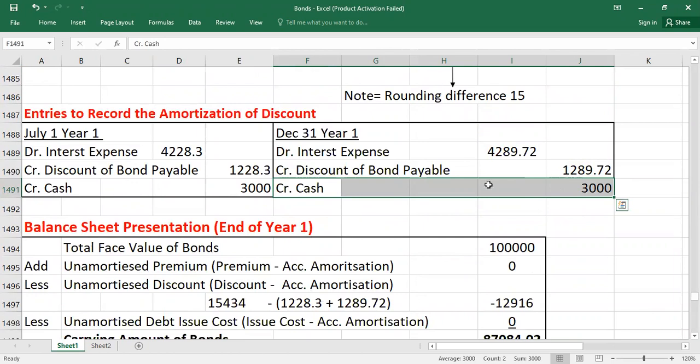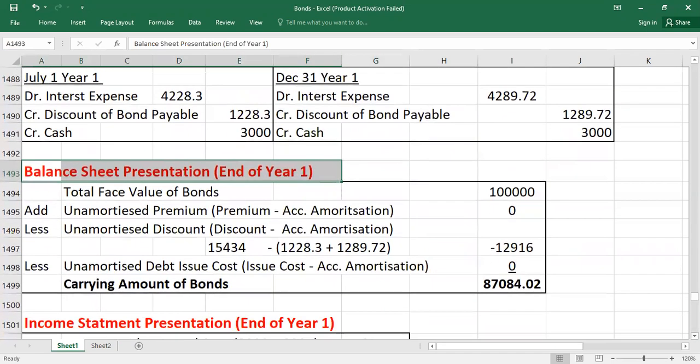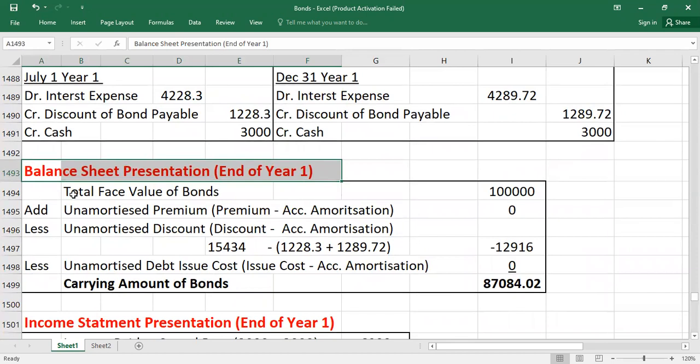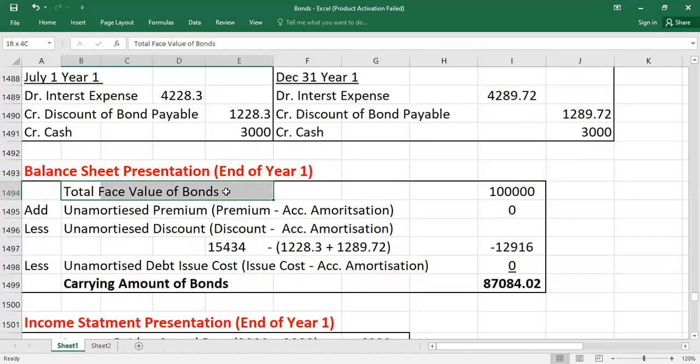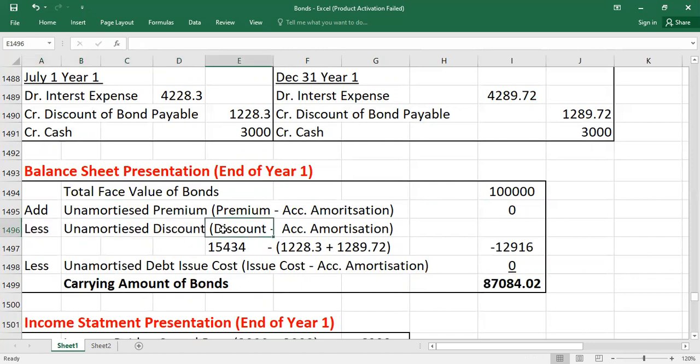Now the question is how we can present the bonds in the balance sheet at the end of year 1. You will take the total face value of the bond, which is 100,000. Add unamortized premium, because it's not a premium, it's a discount, so we subtract unamortized discount, which you get as the discount value minus accumulated amortization.